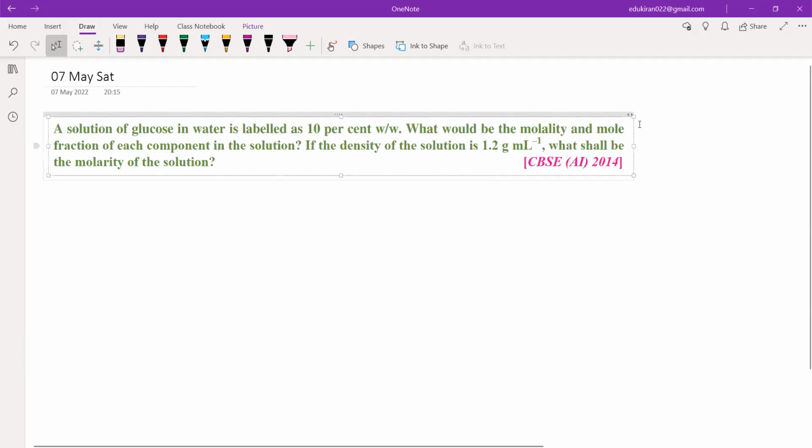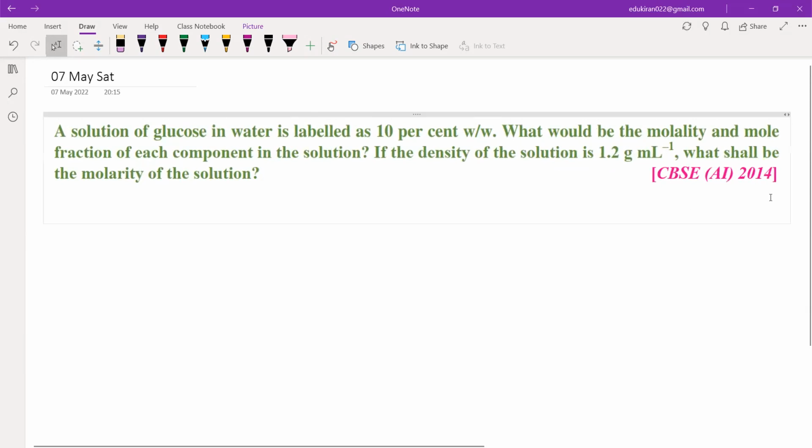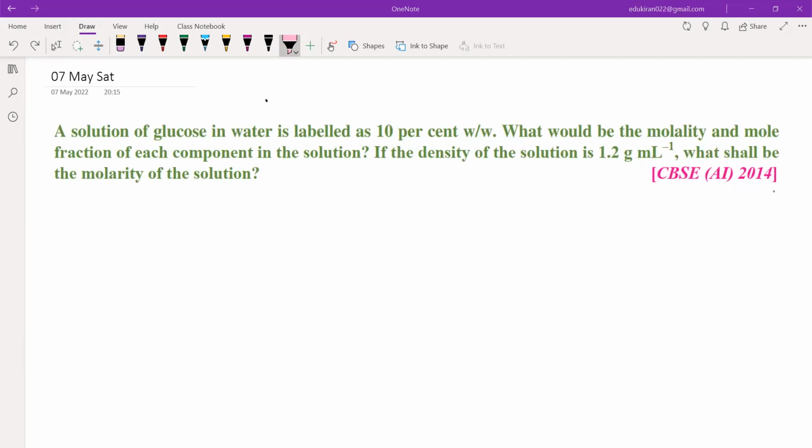All of you, please write this question. So this has been asked in your CBSE examination. Achha, so Alida, you will be opting for CBSE classes, right?